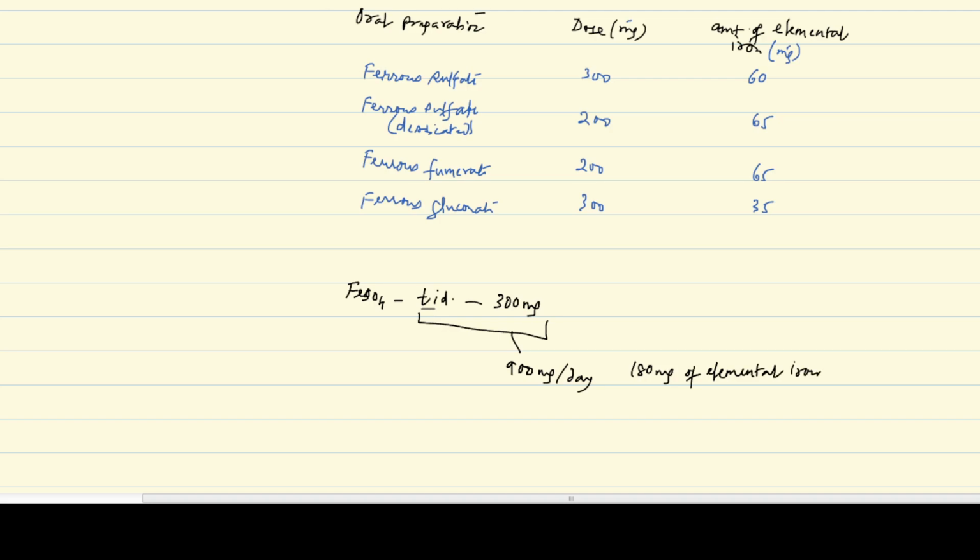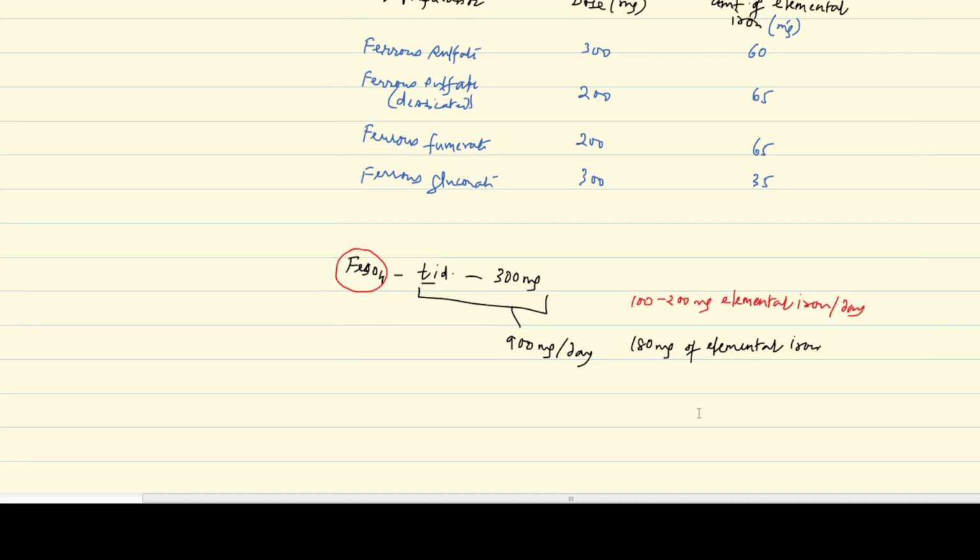Okay, so remember, what is the requirement? The requirement for replenishing the stores is 100 to 200 milligram of elemental iron. Here you get 180, so you satisfy the requirement per day. So this is the reason why ferrous sulfate is given TID 300 milligram. Okay, all right.